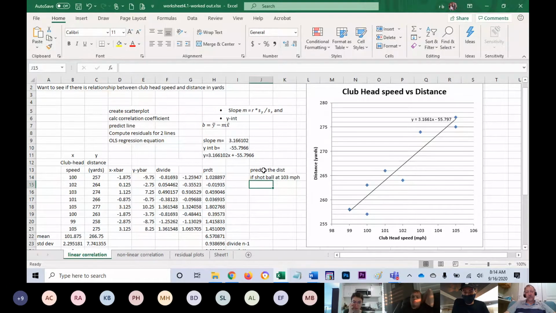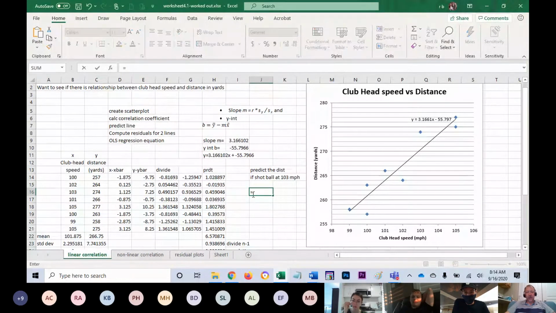Well, you'd go to the 103 on the line and then find where it intercepts on the line. Yeah, so that's one way. That's not a very accurate way to do it, right? You could also plug it in. Yeah, you can plug it in here. So tell me what to type here, and we'll plug it in.